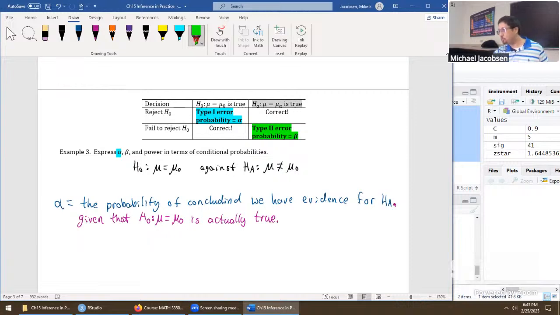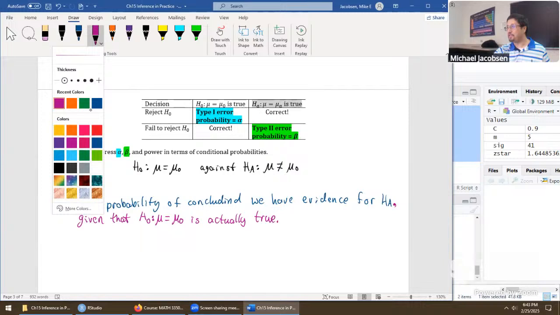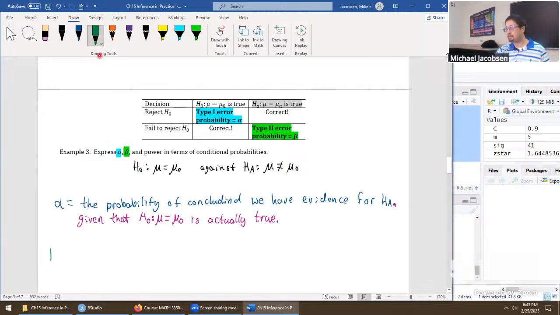Okay, beta is way worse because when it comes to beta, you cannot use that right there. That's infinitely different betas that could come up with every choice of mu naught right here. In order to get beta calculated, we have to be informed by what the effect size is so that we can use this specific alternative right up here. So let's write this out really, really carefully for the next portion, beta.